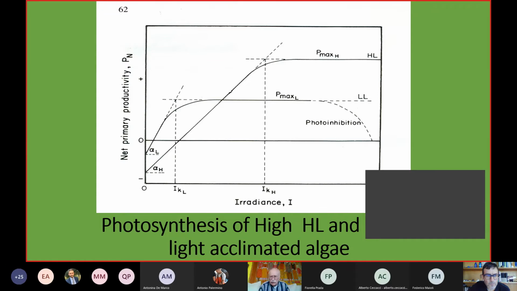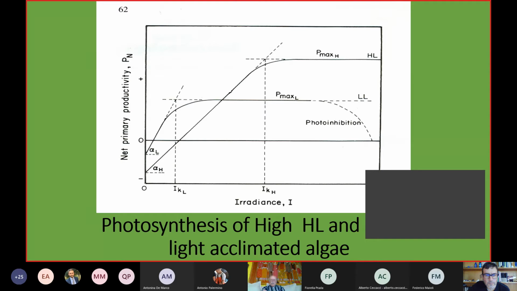At that point, the photosynthetic system works as fast as it can. And there is much less of the system in the low light acclimated algae, because there would be no need to make more of that energy costly system when in real life, not in the laboratory, you never meet high light.